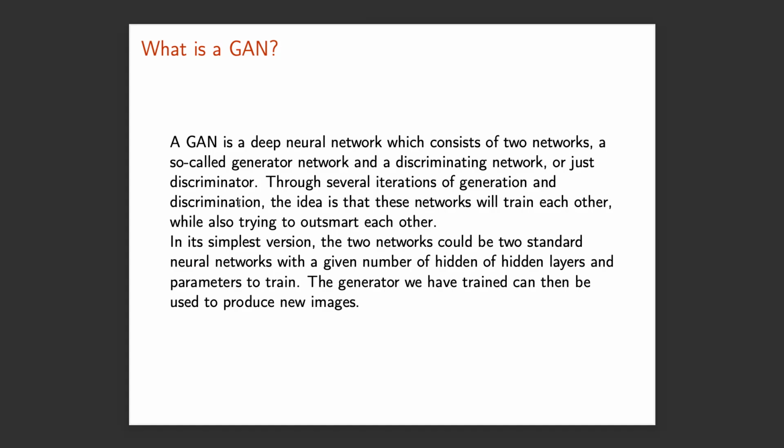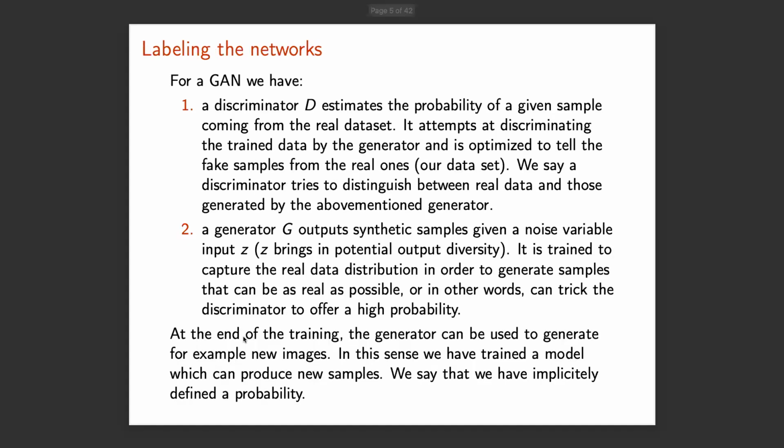And then this is studied by the discriminator, which judges whether this is a fake image or not. And then it goes back and forth. And at the end, you would have trained a probability distribution, which allows you to implicitly say what kind of images these are or generate new images.